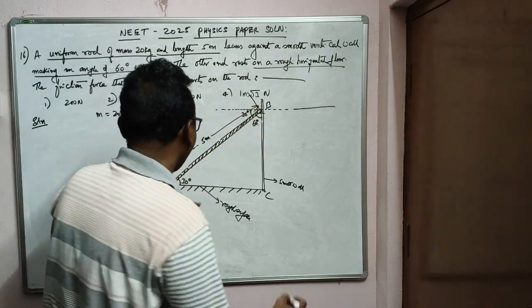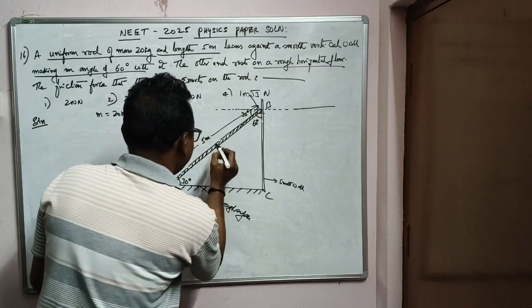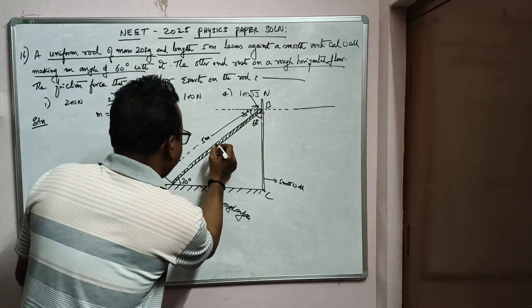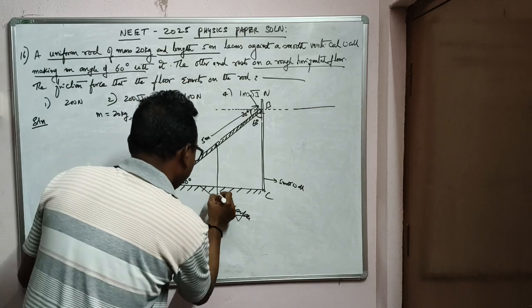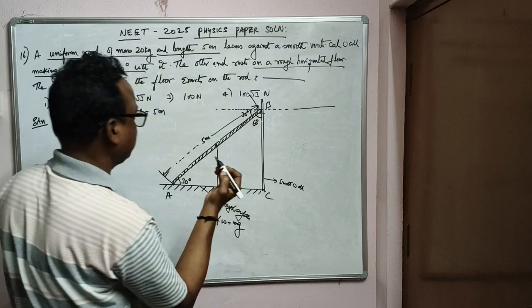Because it's a uniform rod, the center of mass will be exactly at the center, and this weight will act vertically downwards. W is equal to mg.